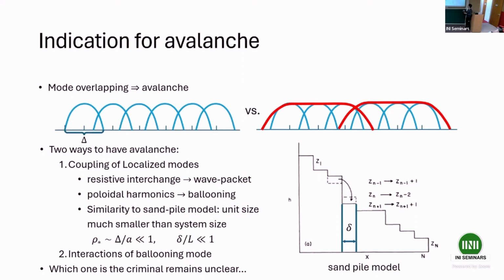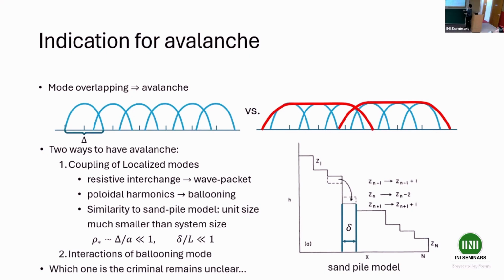Maybe the avalanche could just be a wave packet, but with this interchange mode. And this picture is quite similar to the traditional sand pile model, because here the width of the narrow localized mode is very small compared to the minor radius, just like the unit size of this sand pile is much smaller than the box size.